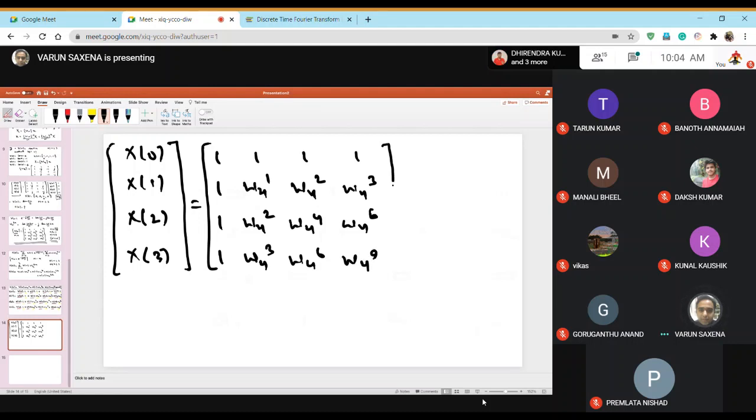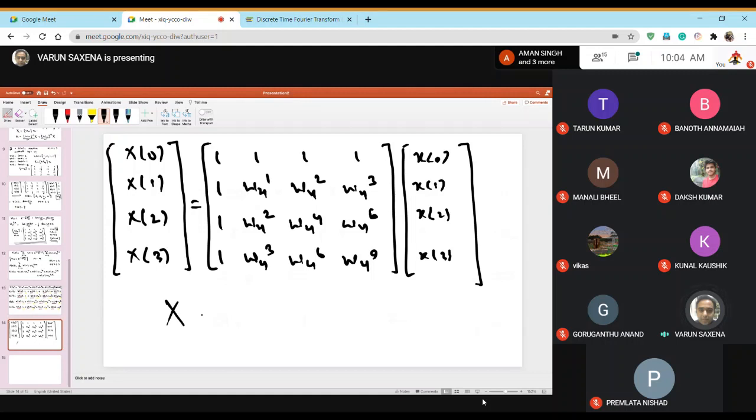And you get the matrix, and on this side you get x0, x1, x2, x3. So that's why I write capital X as the W matrix times small x. Is it clear now to all of you?